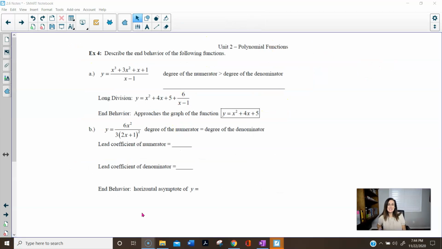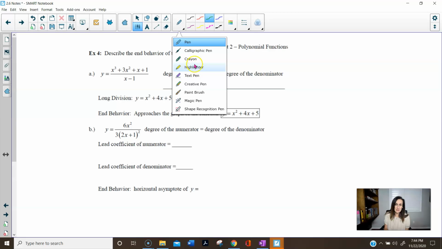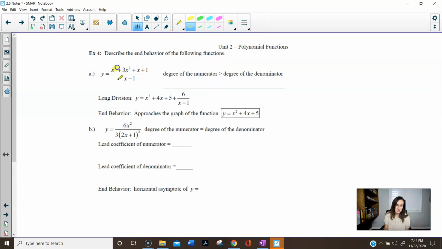So let's look at example 4, and let's kind of look at limits, looking at the end behavior. So the first one I think is kind of the hardest to understand, but what we have here is a rational function, we have an x to the third, and then here is an x to the first. And so we have actually what's called a top heavy.